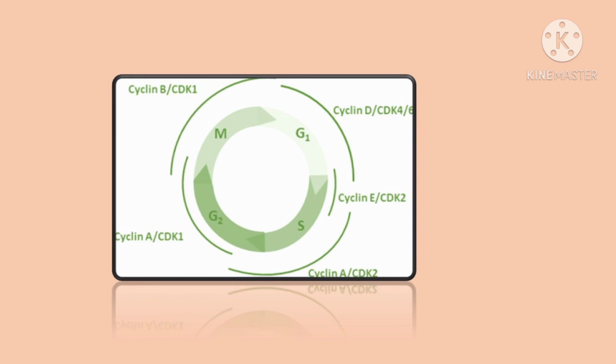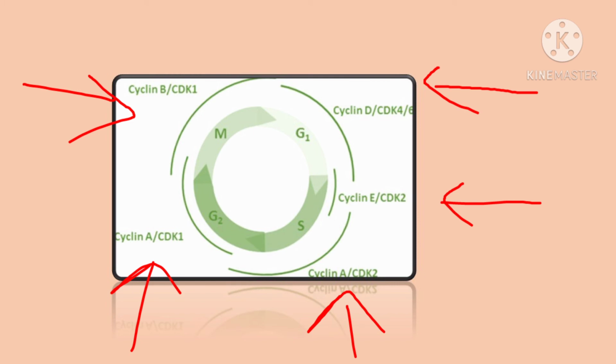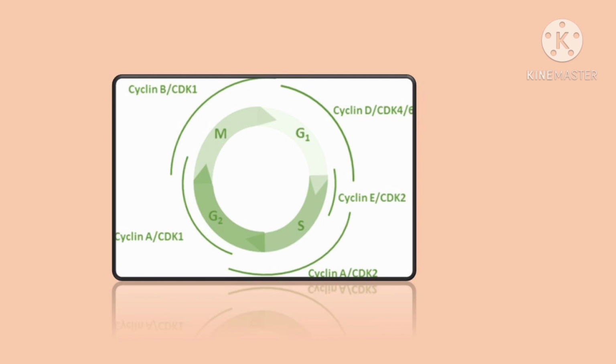Here you can see in this beautiful diagram each cyclin and CDK which is present in each phase of the cell cycle. Starting from the S phase, you can see that cyclin A and CDK2 are present.